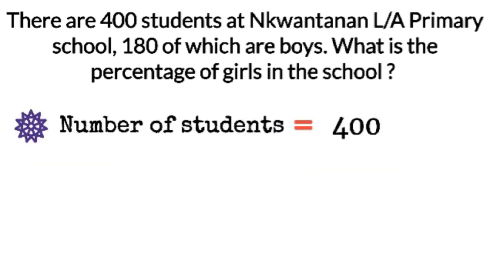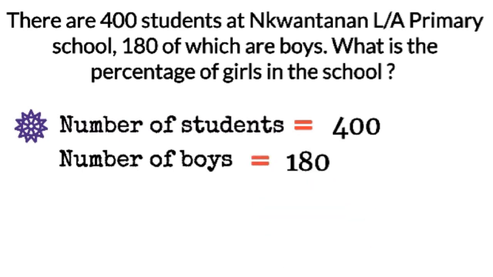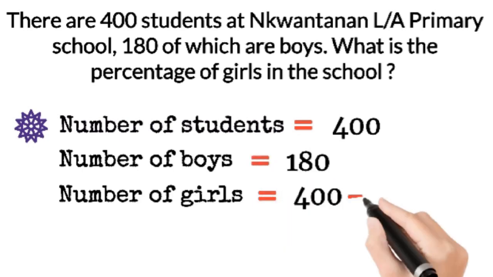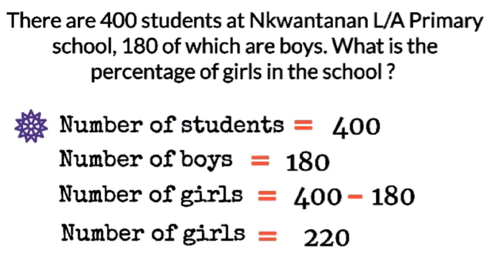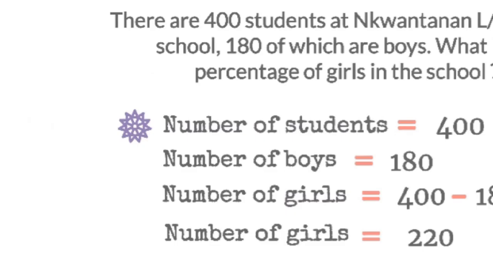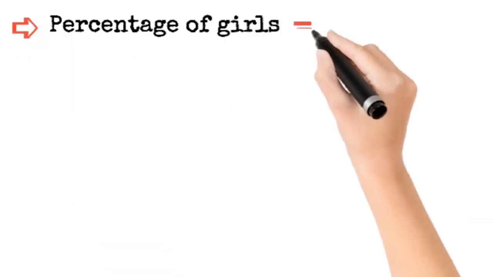In every school, when we talk about students, it consists of both boys and girls. To get the number of girls in the school, we just subtract the number of boys from the students. So 400 minus 180 is 220. Therefore, the number of girls is 220.